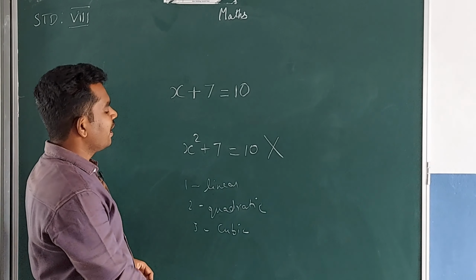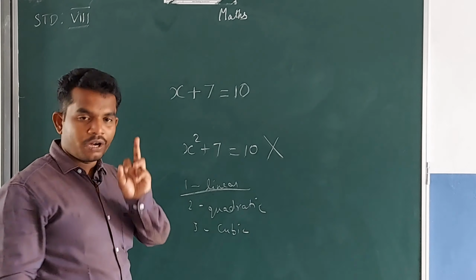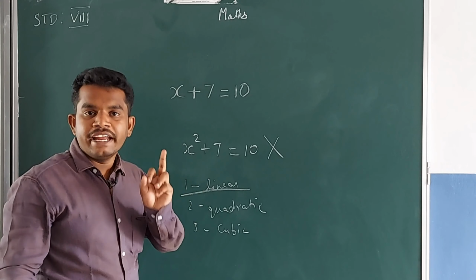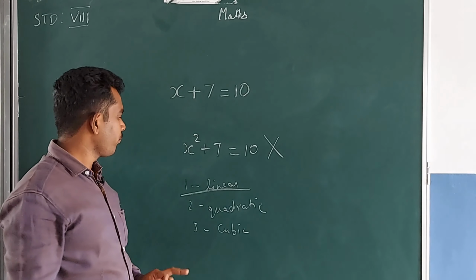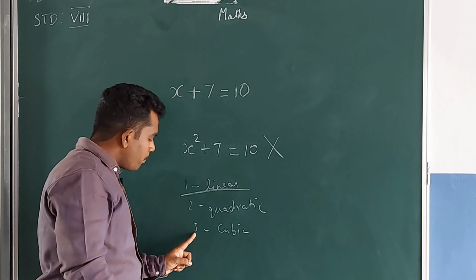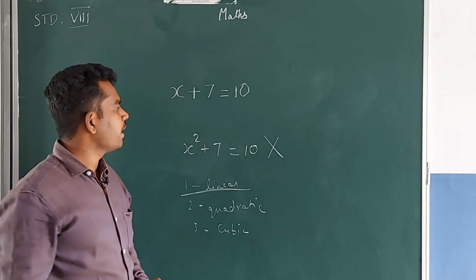If the power is 1, you will get only one solution. If the power is 2, you will get 2 solutions. If the power is 3, you will get 3 solutions. Okay.